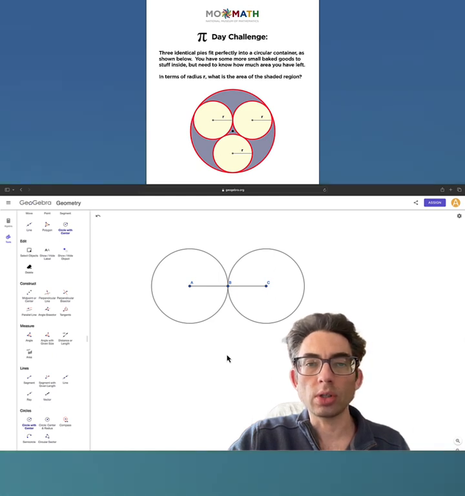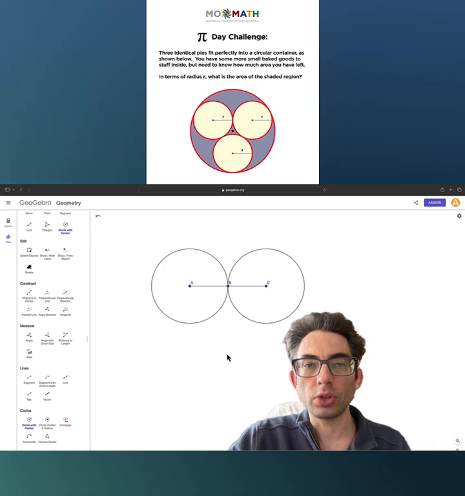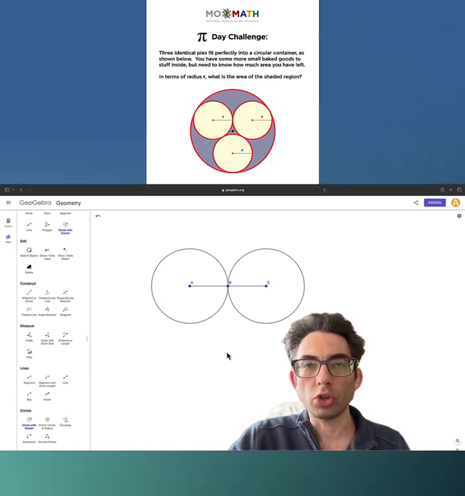But we can use some principles from geometry and some math to figure this out. We're going to use special triangles, and we will be able to input the exact point for the central point of the third circle. So we're going to do that next.